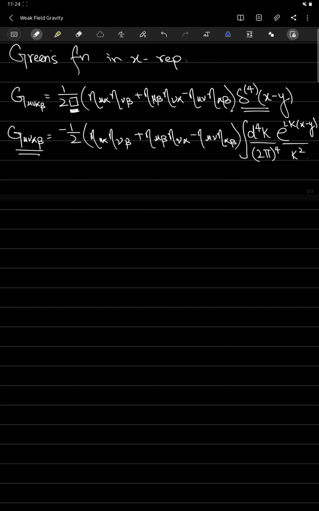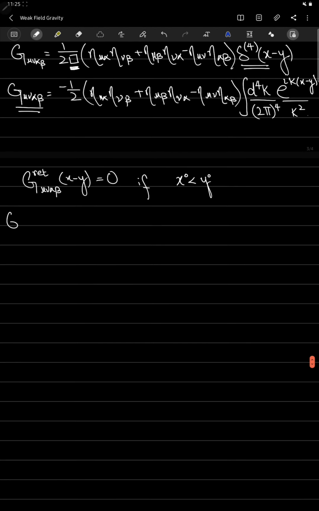And so, well, you can also define another function, by the way, and it's known as the retarded Green's function, which is G_{μναβ}(x minus y), and this vanishes if x⁰ is less than y⁰, right?